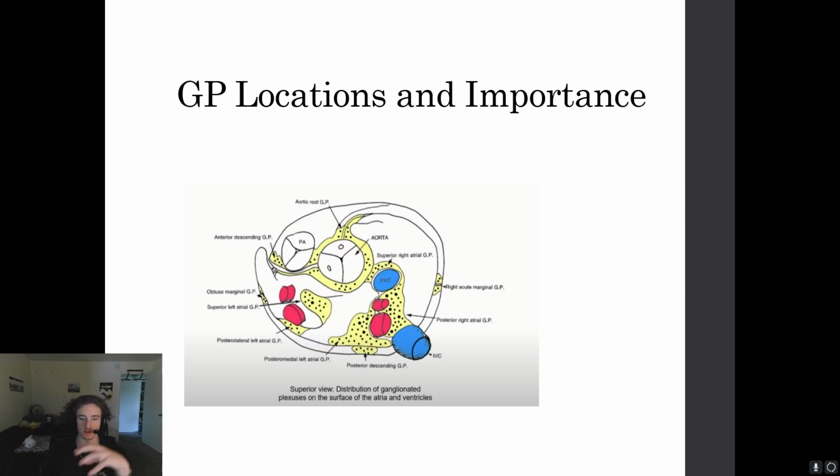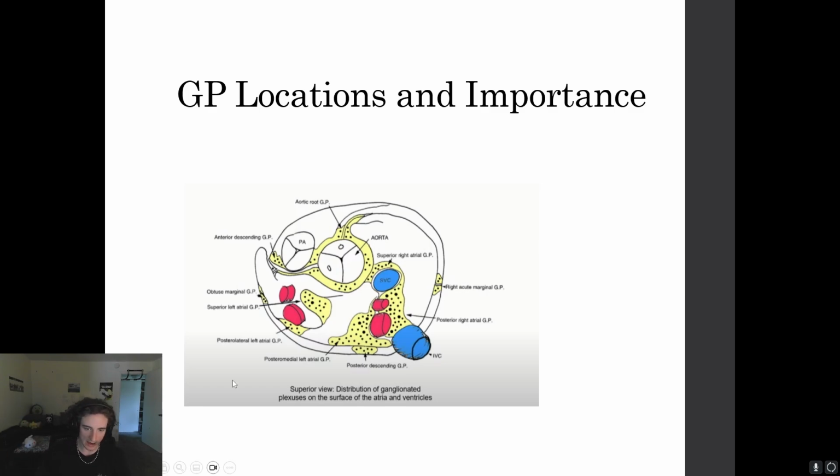When there's AFib, there's more ganglionated plexi activation. What that means is that ablation of the ganglionated plexi leads to a decrease in AFib. That's huge. So ganglionated plexi play a massive role in AFib through overstimulating these areas with sympathetic input or parasympathetic input, right?